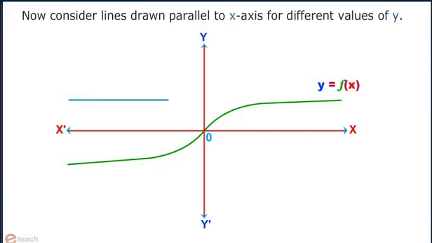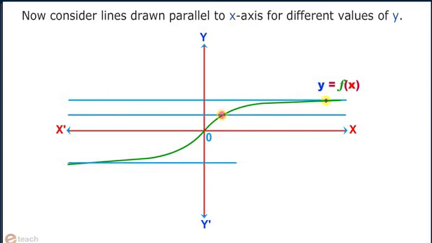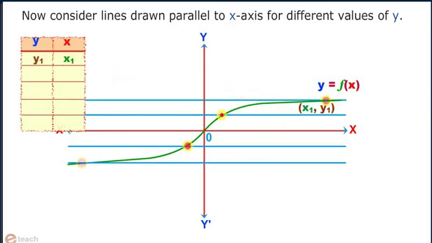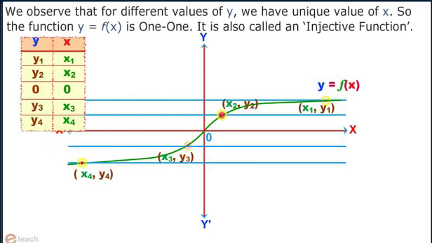Now, consider lines drawn parallel to the x-axis for different values of y, such that the line intersects the graph at (x1, y1), (x2, y2), (x3, y3) and (x4, y4). We observe that for different values of y, we have unique value of x. So, the function y = f(x) is 1-1. It is also called an injective function.